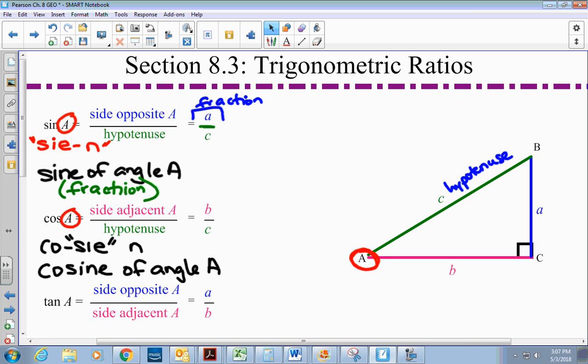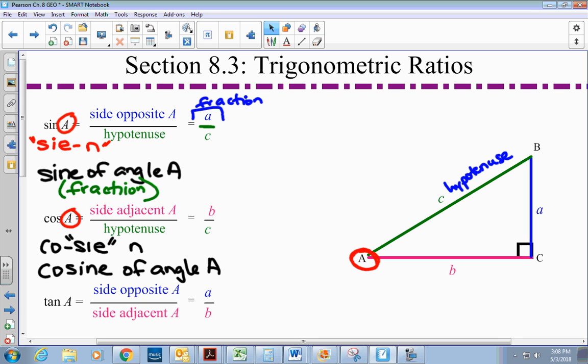The hypotenuse is the king, and once you get called the hypotenuse, there's no way you can be anything other than hypotenuse. So when we're talking about the side that's adjacent to A, we want the side that runs right into angle A, and that's side B.